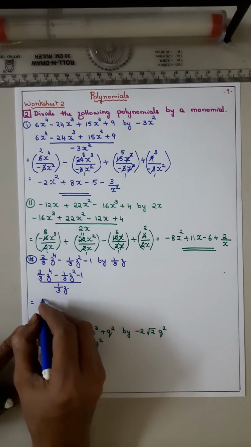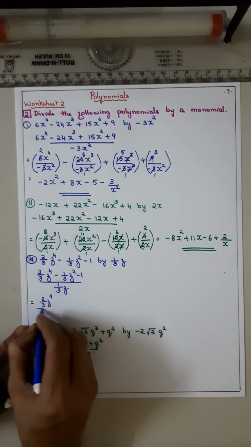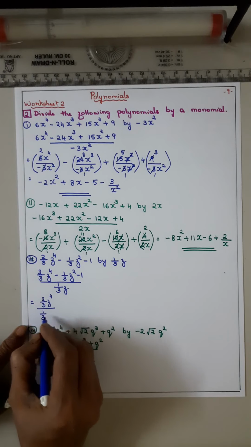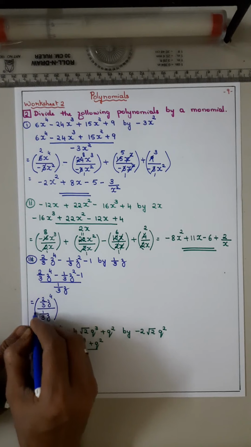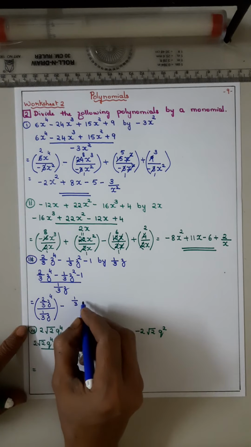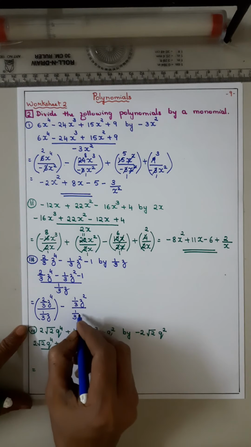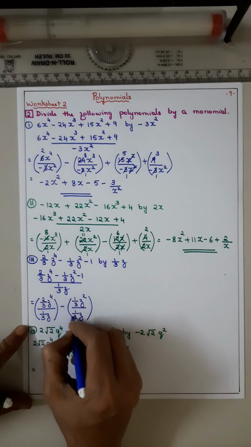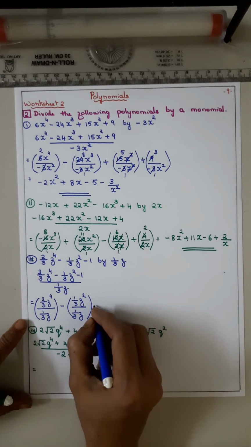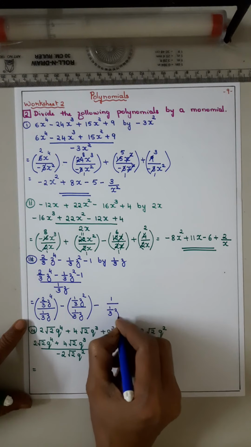Separate, isn't it? 2 by 3 z to the power 4 upon 1 by 3 z, minus 1 by 3 z squared upon 1 by 3 z, minus 1 upon 1 by 3 z.